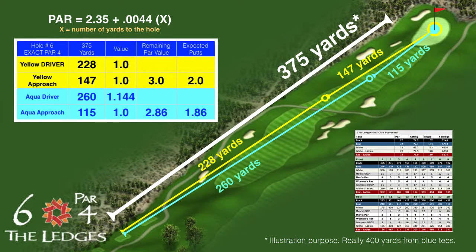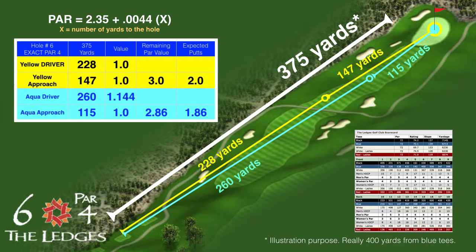This explanation is much easier using an example. Remember, you can pause the video and look at the graph in more detail. Now, let's say you are on hole number 6. For illustration purposes, it has got 375 yards from the blue tees and it's a par 4 both on paper and from its length.